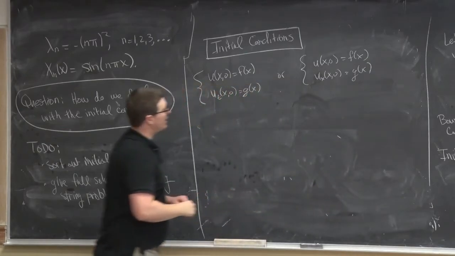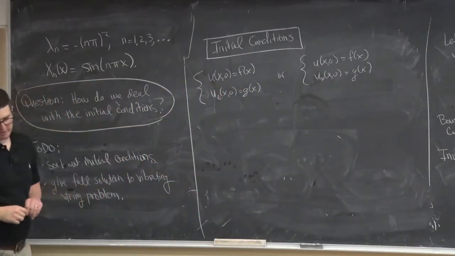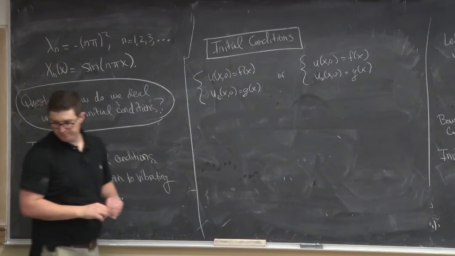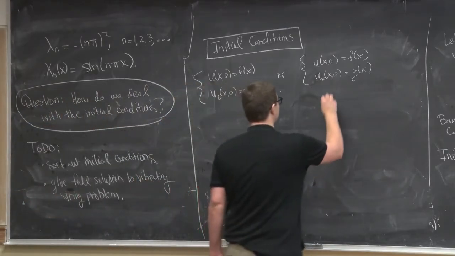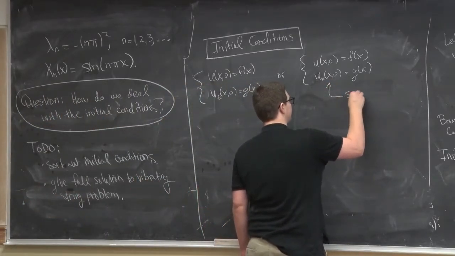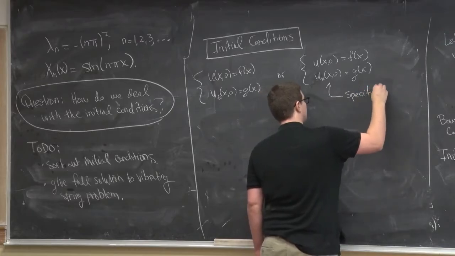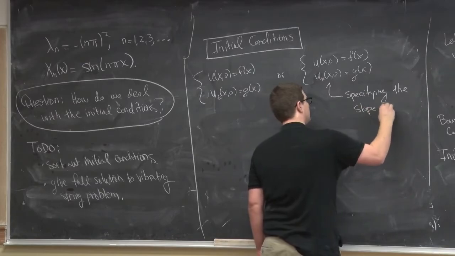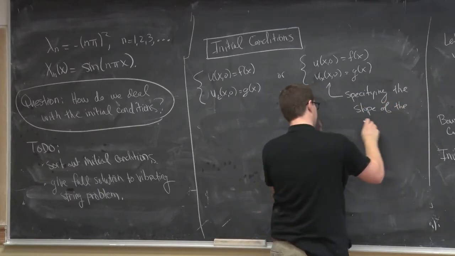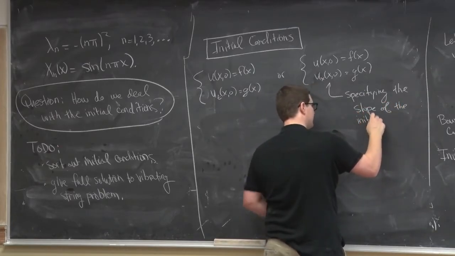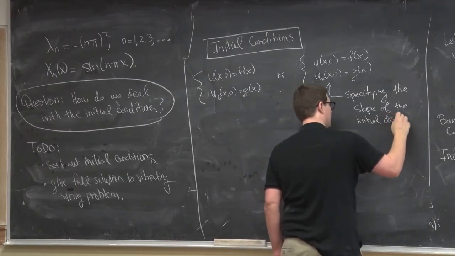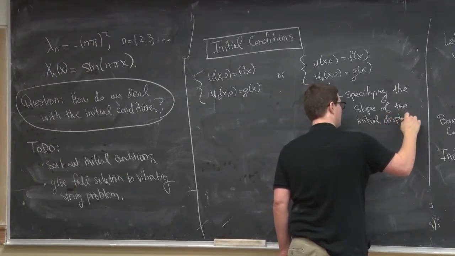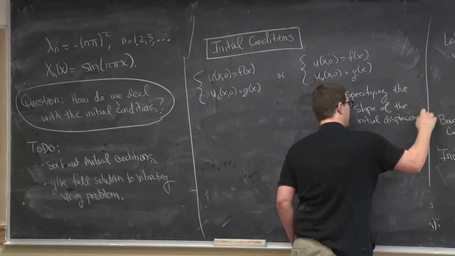I'm going to explain why the right-hand one is silly. This thing is specifying the slope of the initial displacement.